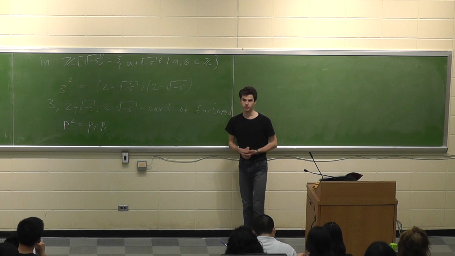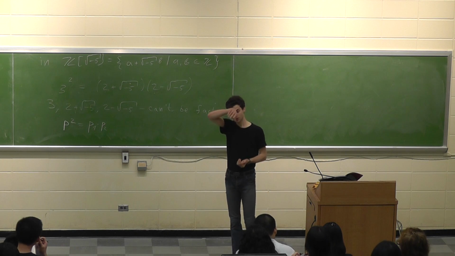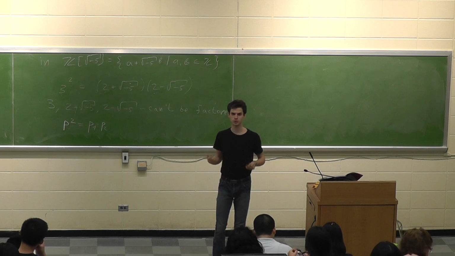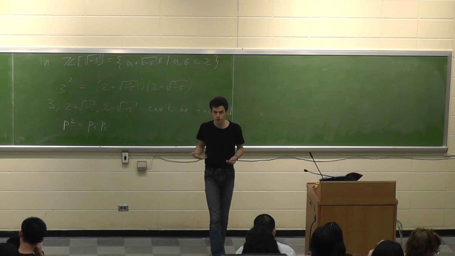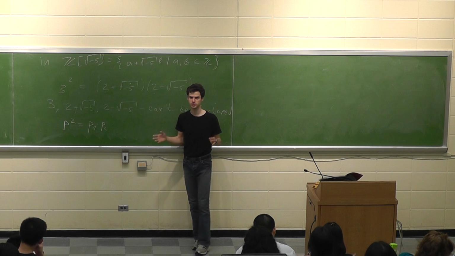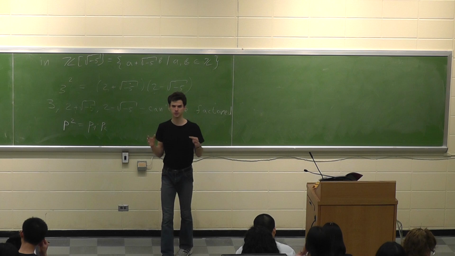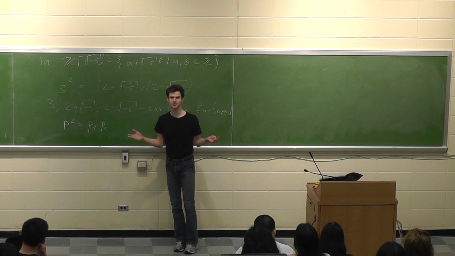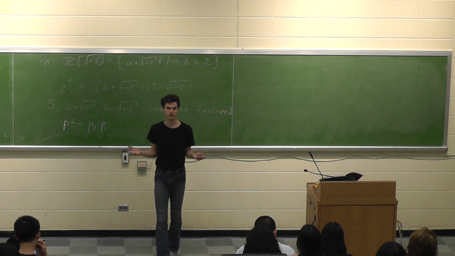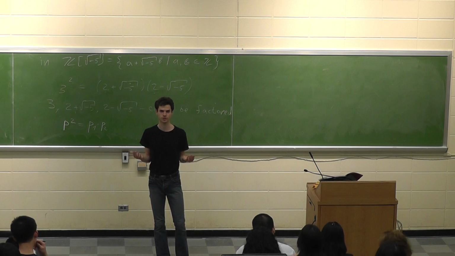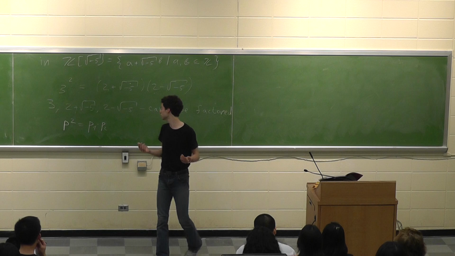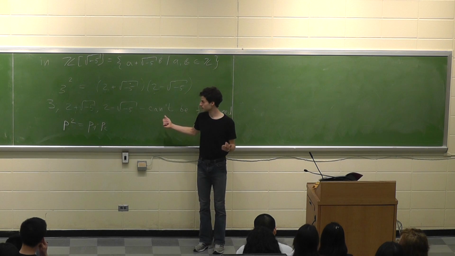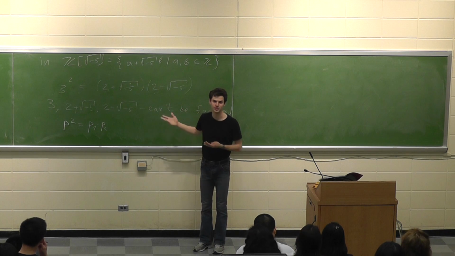So the conclusion is, first of all, it is useful to have the notion of unique factorization, to be able to take something and factor it into a product of prime numbers, because we've seen, for example, that it gives us a parameterization of Pythagorean triples. Another thing is that it's not automatic.